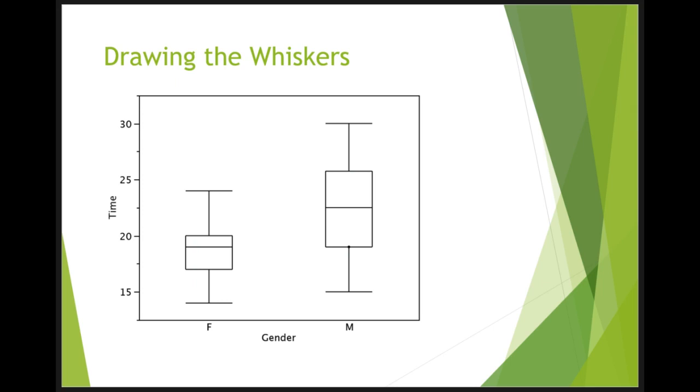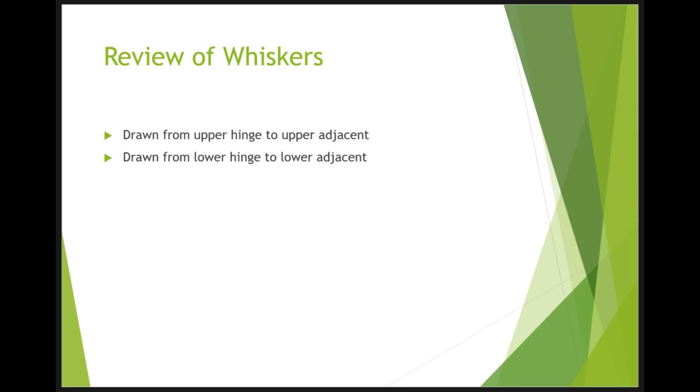The upper adjacent value for women is 24. You can see that the whisker extends from the 75th percentile of 20 to the upper adjacent value of 24. Similarly, a second whisker is drawn from the 25th percentile of 17 to the lower adjacent value of 14. To review, one whisker is drawn from the upper hinge to the upper adjacent value. The other whisker is drawn from the lower hinge to the lower adjacent value.